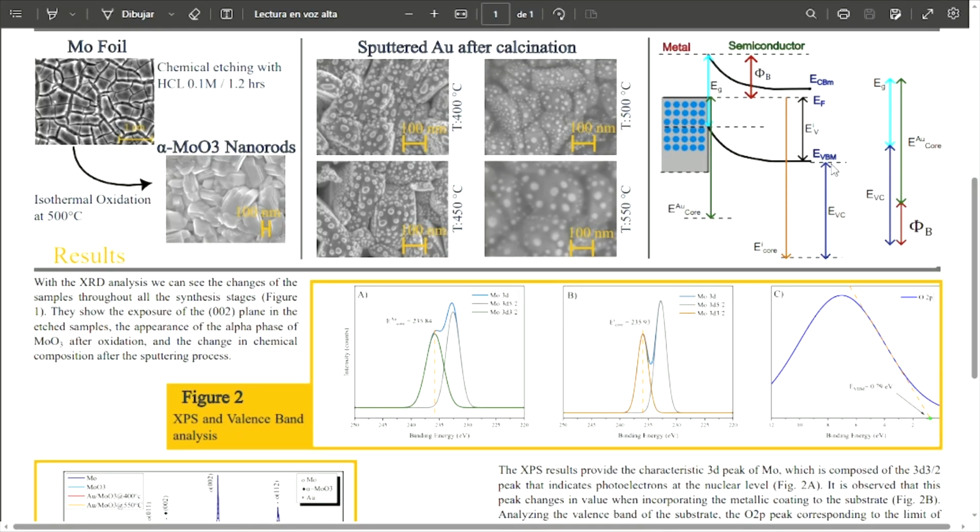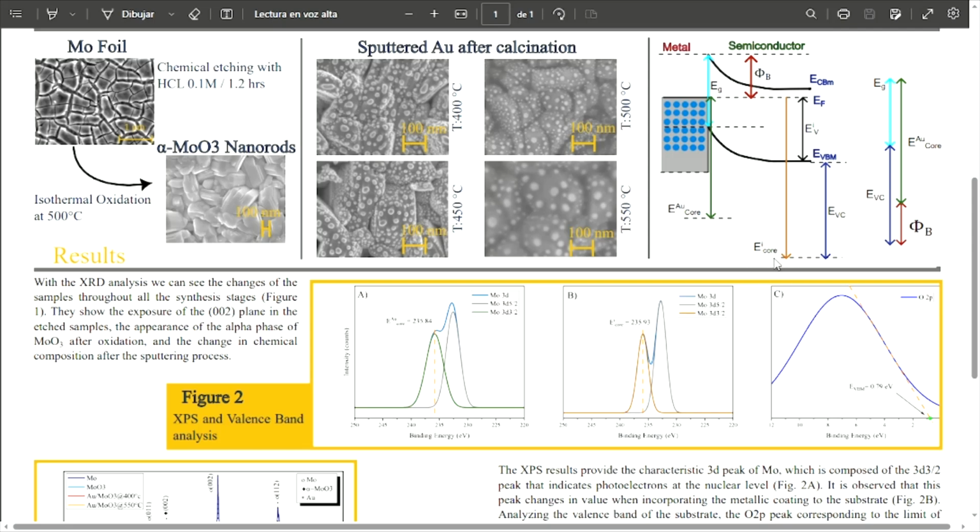One of them is the energy of the valence band minimum, or valence band edge. We get this by analyzing the valence band of the substrate and the O2p peak to apply the Kubelka-Munk method and find out this energy value, which turned out to be 0.79 electron volts.